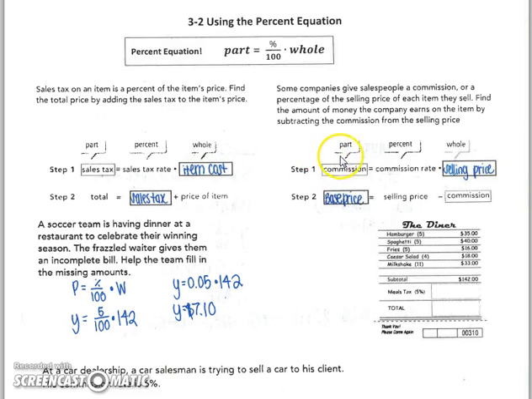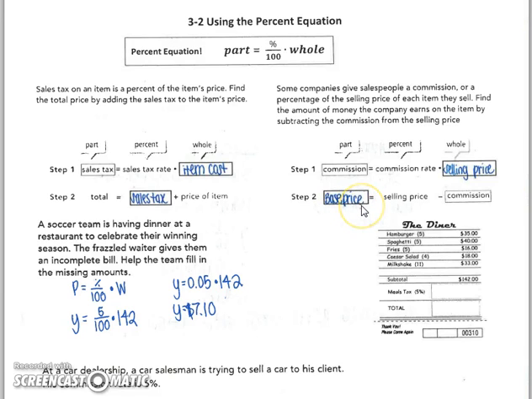So to find it, again, we're using part equals percent times whole, where the percent this time is going to be the commission rate, where the part is the commission because the commission is a part of the entire amount that you sell that you earn back. And then the whole amount is going to be our selling price. Now once we find our commission, another thing that sometimes you might have to find is the base price. And the base price is what the company gets for whatever was sold.